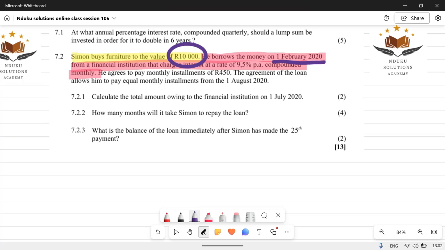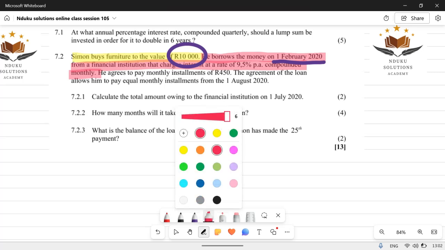And then we continue to say he agrees to pay monthly installments of 450. So these are the monthly installments. These are the key. We're just looking for the key to this problem. He's now paying the bank. He looked for furniture, it cost him 10,000. He goes to the bank and asks for 10,000. The bank has conditions.